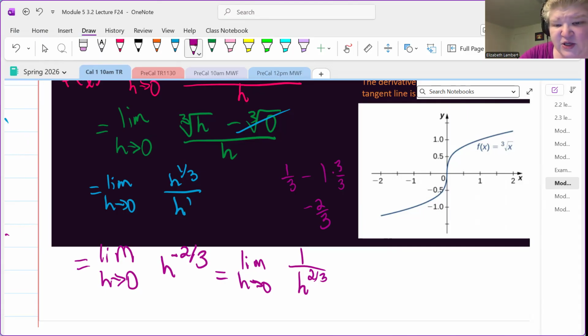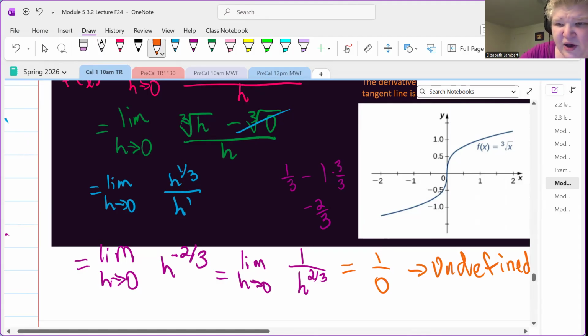So when I try to evaluate this limit, I get 1 over 0 to the 2/3. It's 1 over 0, which is undefined, but we also call this infinity in limit senses.